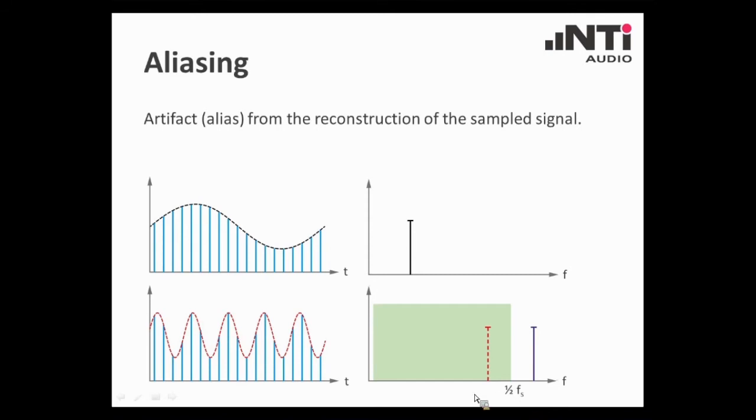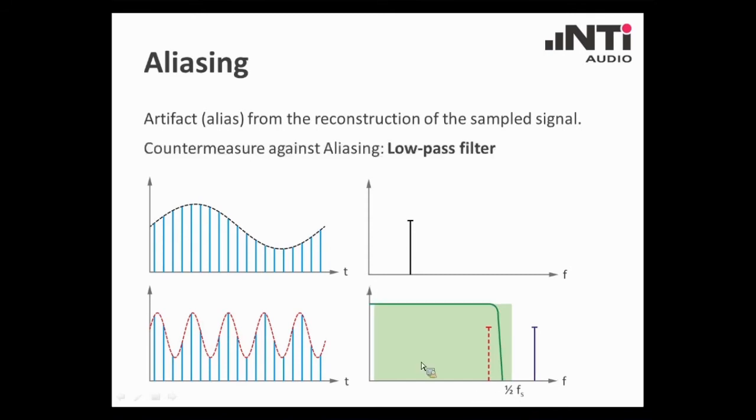What can we do against aliasing? Very simple. We have to apply a low-pass filter. Very important, it has to be an analog input filter, because if we would realize the filter in the digital domain, we would encounter the same fundamental problem. We could not differentiate a low signal compared to the alias of a high frequency signal.